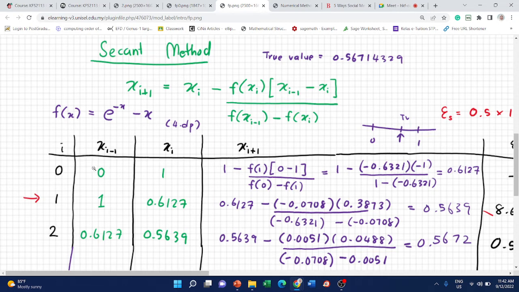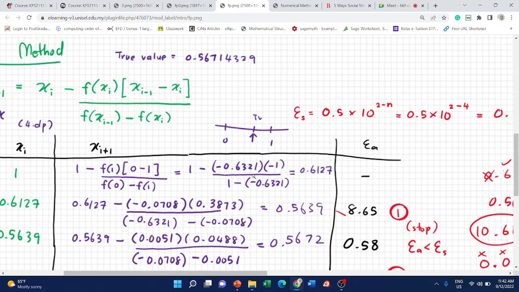See this 0, put it here, e power 0 minus 0. You have 1. Okay, next. Substitute 1. So you have e power negative 1 minus 1. So the detail for the computations according to the general formula is given here. This is the label, f(1), everything here. But the detail of that value is here.